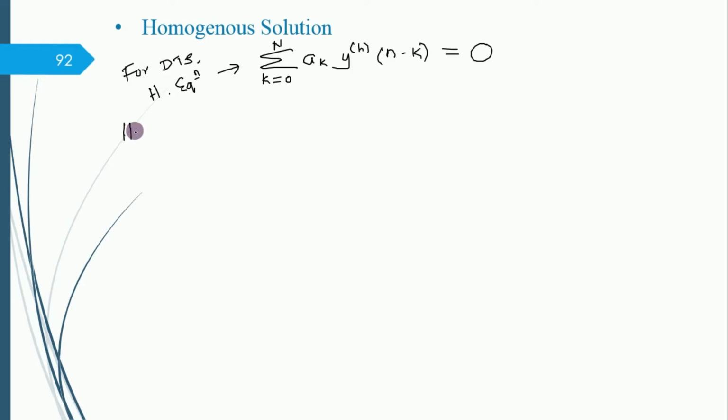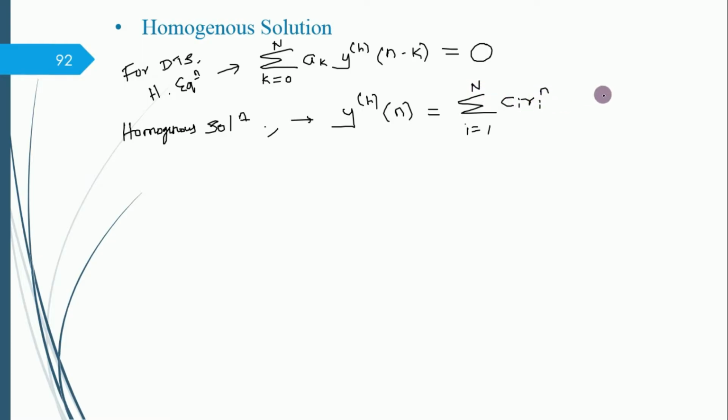Now if I write the homogeneous solution, it looks like y h of n, here it is n because it is discrete time, summation i is equal to 1 till n c_i into r_i raised to n, where r_i are roots ranging from 1 to n. That's the meaning of roots.